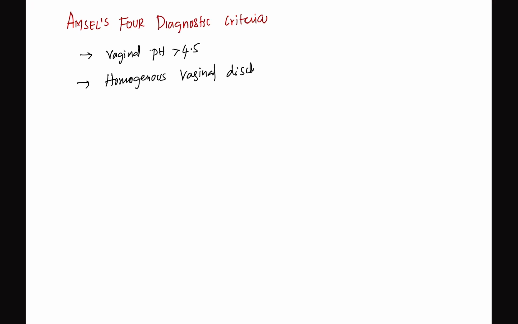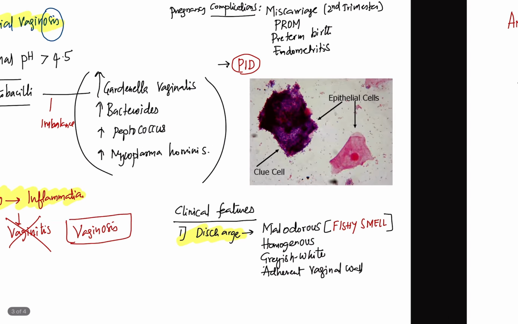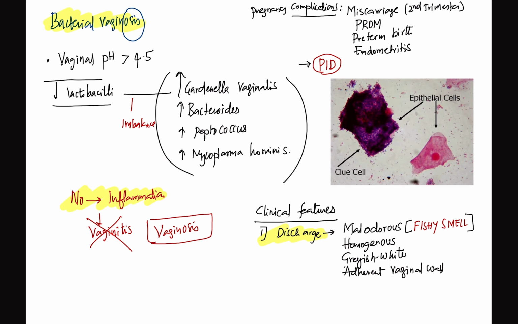Apart from these two, there are two diagnostic tests that we need to do. One, we look at the exfoliated vaginal cells. This is a normal exfoliated vaginal cell in a pap smear, but this is a clue cell. What is a clue cell? The vaginal cell is actually closely adhered to or covered by a lot of bacilli, mainly Gardnerella vaginalis.